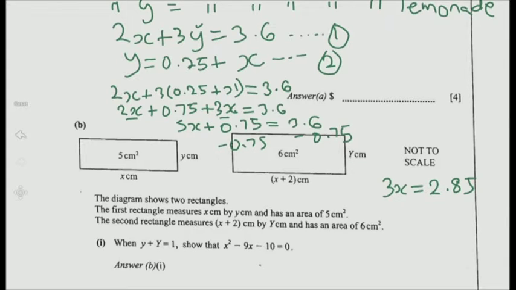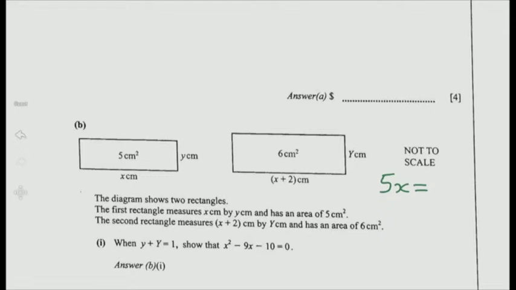So the equation, it's 5x equal to 2.85 there. Then dividing by your 5 there, so you'll get the value of x.